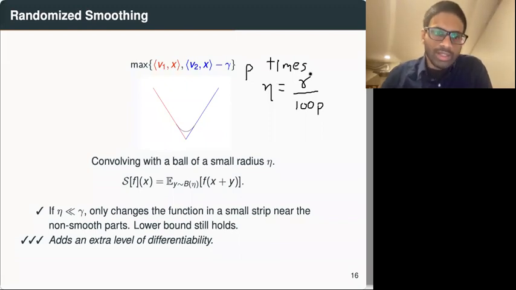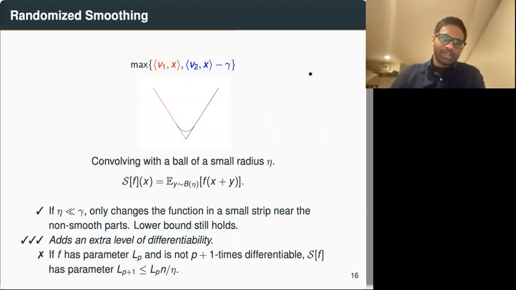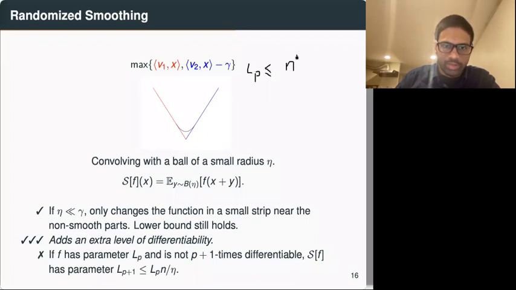The problem with this strategy is that if your function has parameter LP, but is not p plus 1 times differentiable, and you smooth it, then the parameter LP plus 1 of the smoothened function, the best bound you can give on it is LP times n by eta. So that means that if you start with something which had L0 Lipschitz promise of 1, then after smoothing it p times, you have LP is at most n to the p by eta to the p.